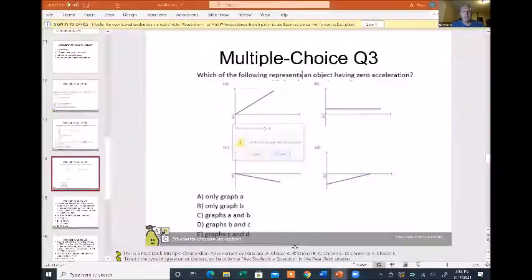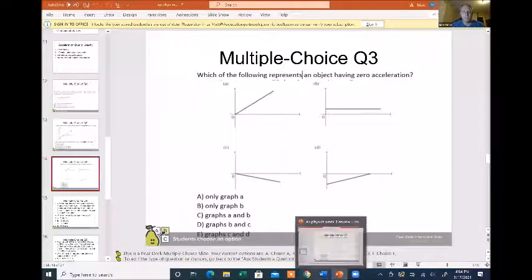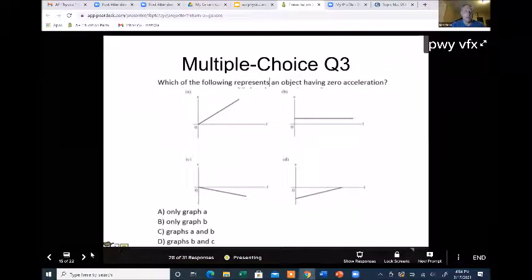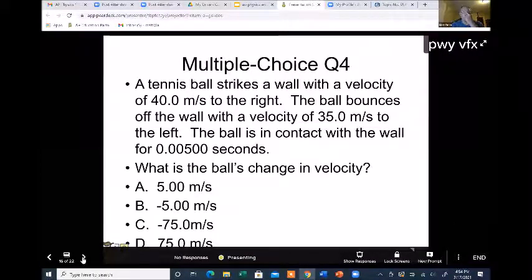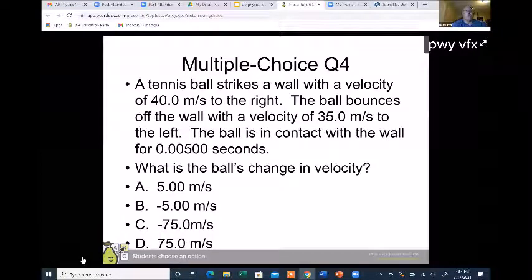All right, let's go back to the Pear Deck then, and let's look at question 4. You guys go ahead and answer the question for me here. Read the prompt and answer that question.